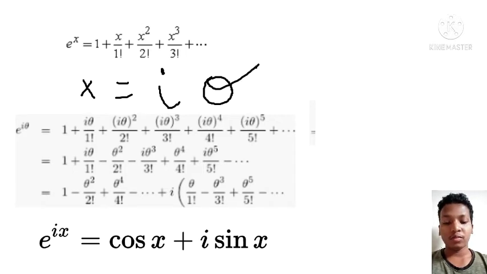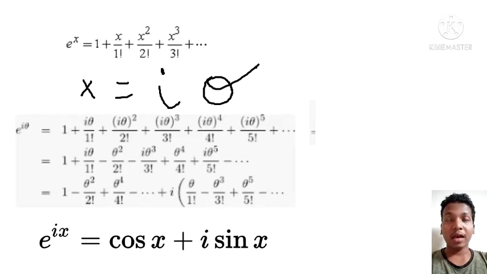Even this assumption has to be justified, but for now let us take it as granted and use x equals i theta. Then the expression is written as e to the power i theta equals 1 plus i theta plus i square theta square by 2 factorial plus i cube theta cube by 3 factorial, and so on to infinity.